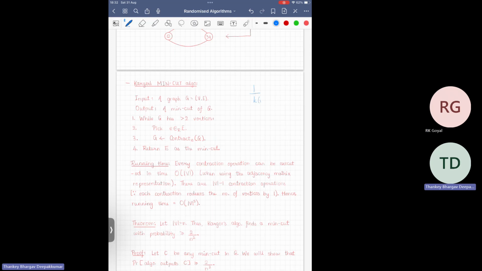Then to boost this to a constant, you would need order k repetitions. That is why you can only tolerate an inverse poly, that is, when k is poly n. Because if k was super polynomial, then the number of repetitions required would be super polynomial, and therefore the running time would become super polynomial.